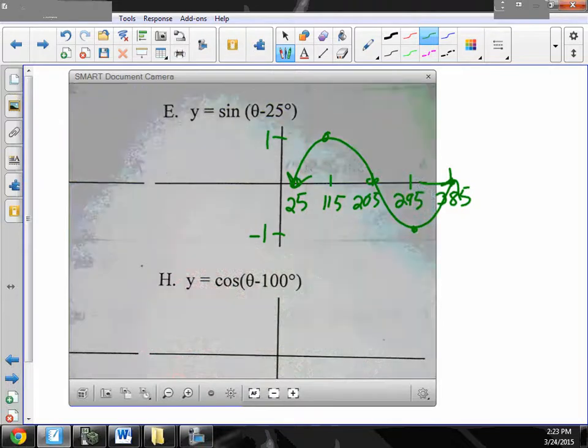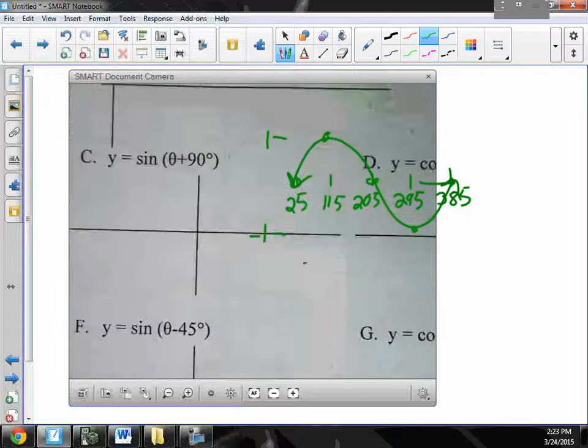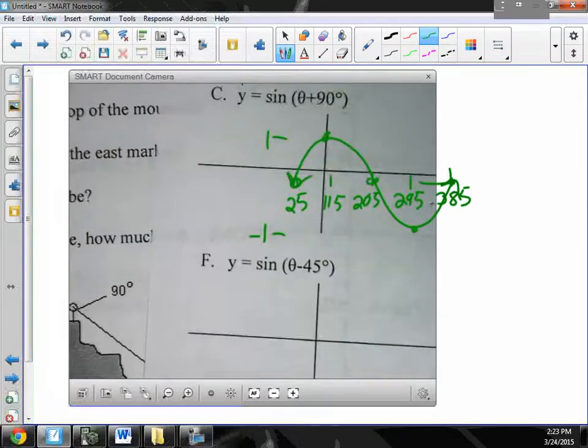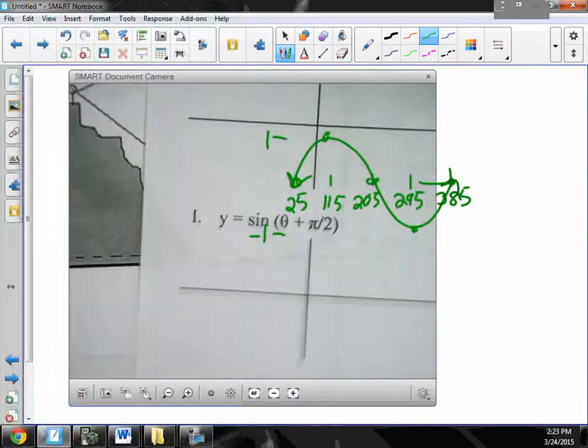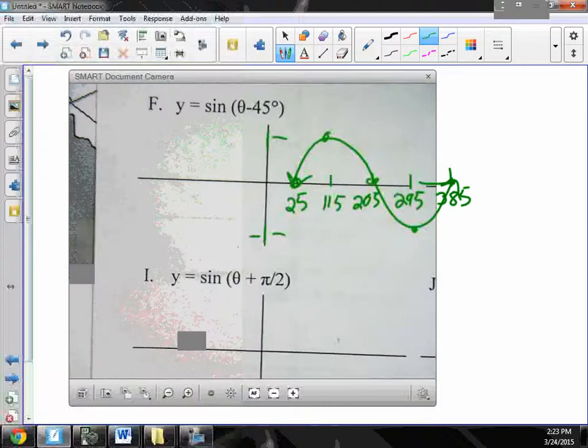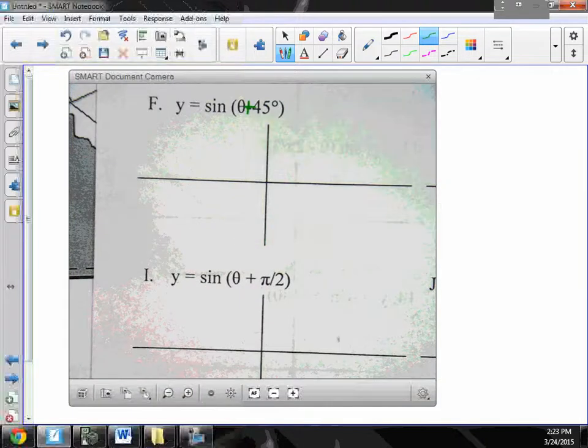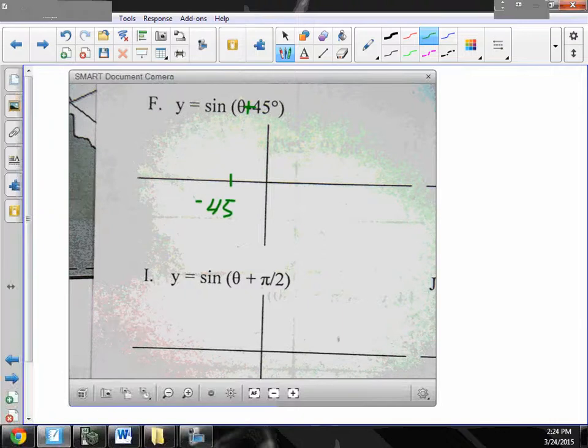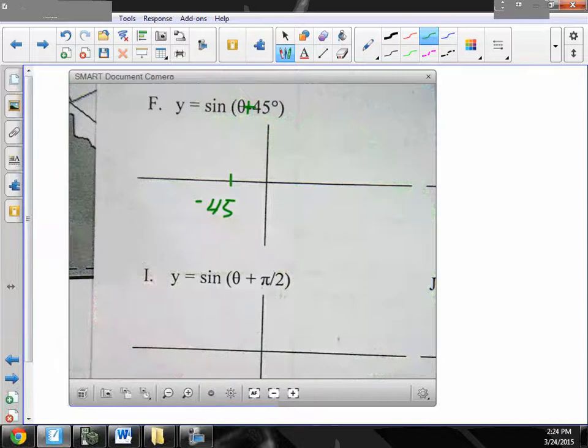Okay. For letter F, I want to change that to a plus 45. I want to shift it left, not right. So over here at -45, what's the next critical point going to be? 45.